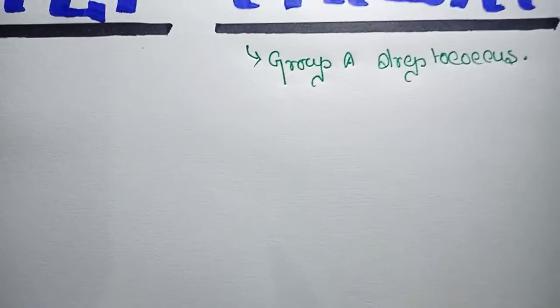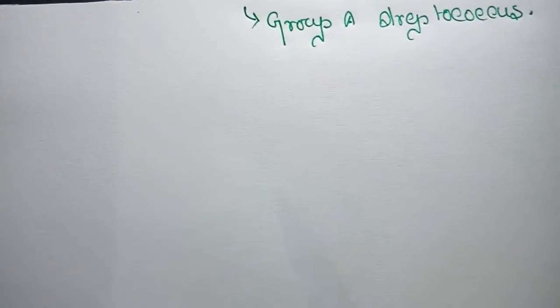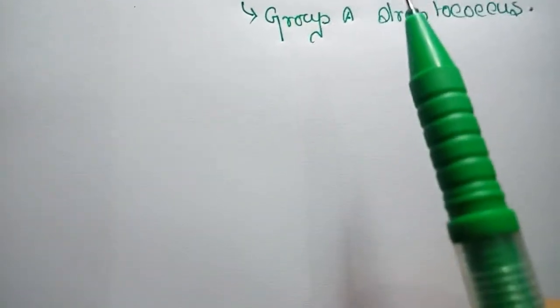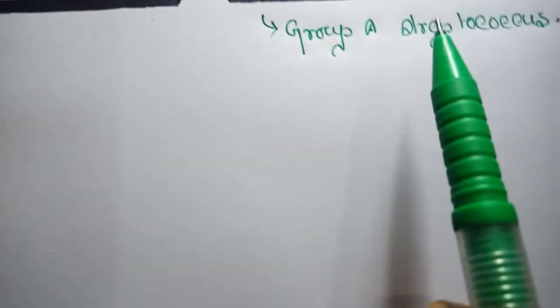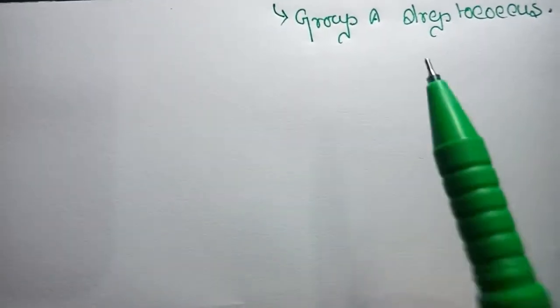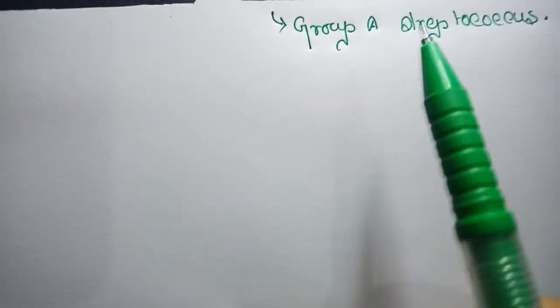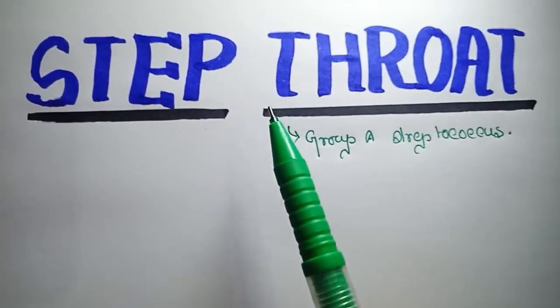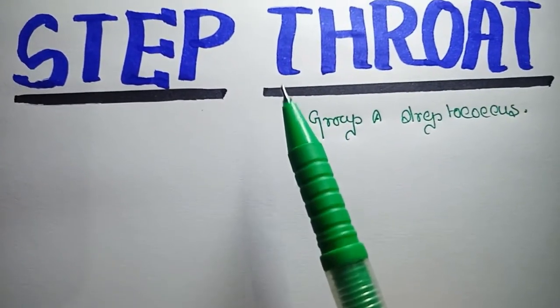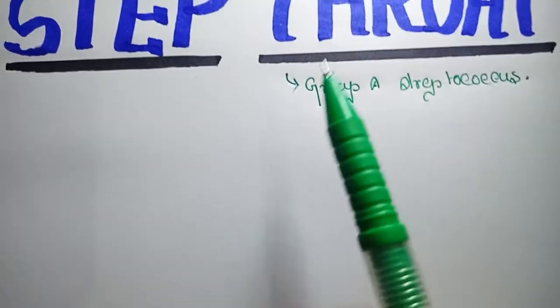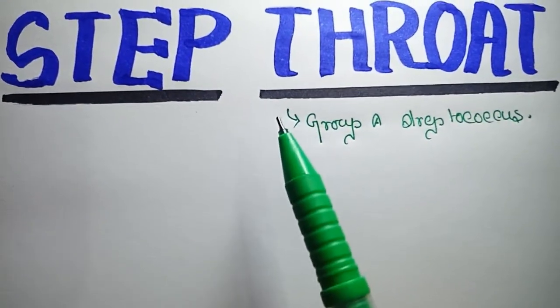Bacterial causes of acute tonsillitis: group A Streptococcus, or Streptococcus pyogenes, is the most common bacterial cause of acute tonsillitis. Pharyngeal tonsillitis caused by group A Streptococcus is most commonly referred to as strep throat. The majority of episodes of pharyngitis are caused by viral infections, as discussed.